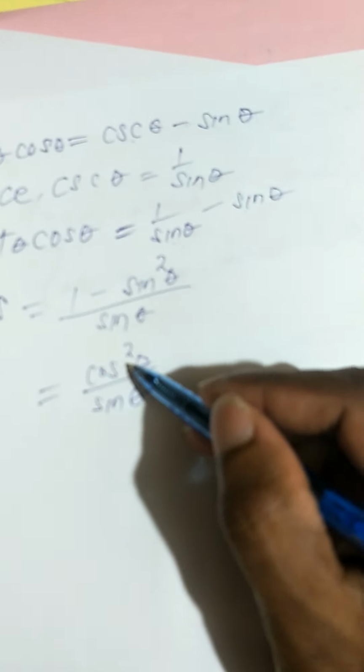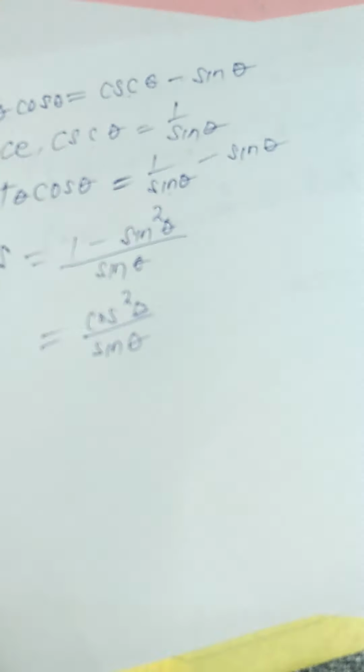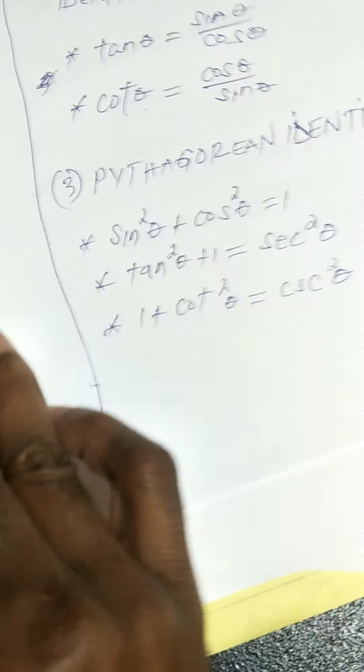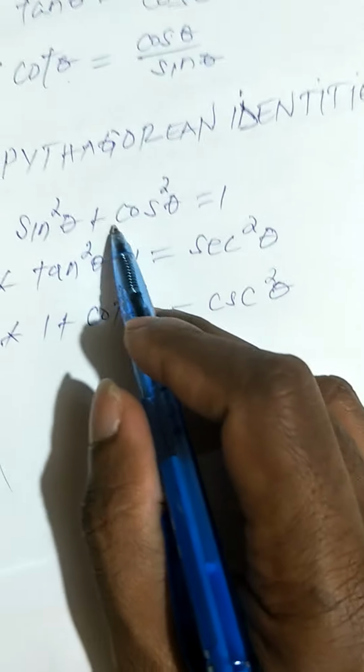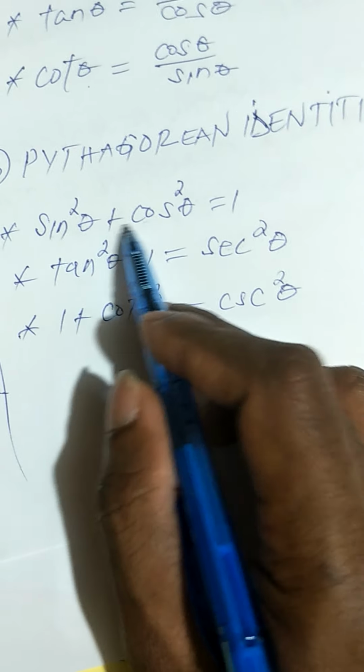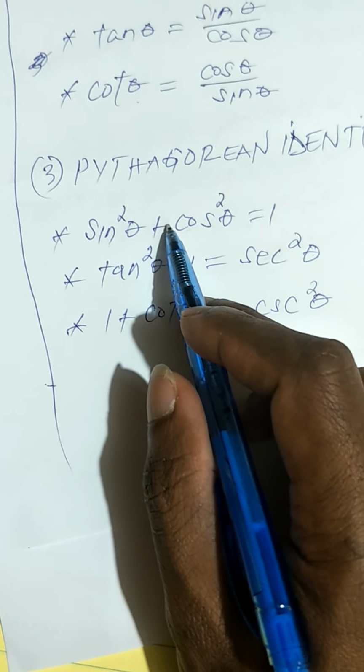Why did I choose cosine squared theta? Well, let's refer back to our identities. I choose this one in Pythagorean theorem.